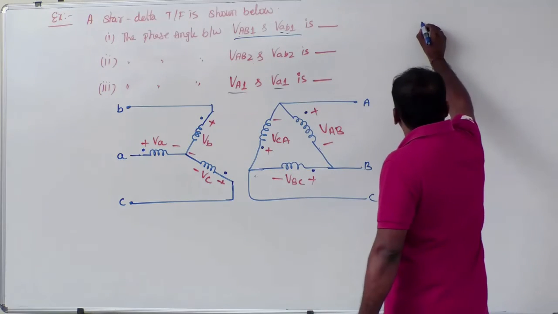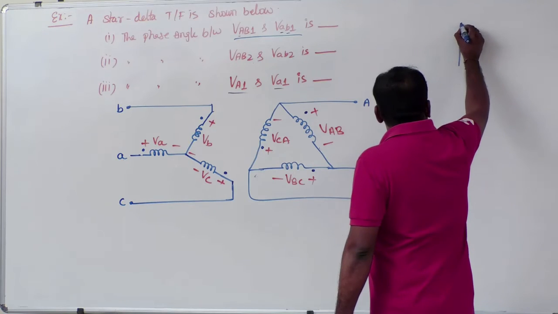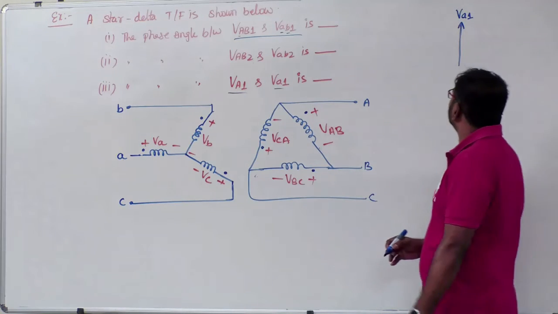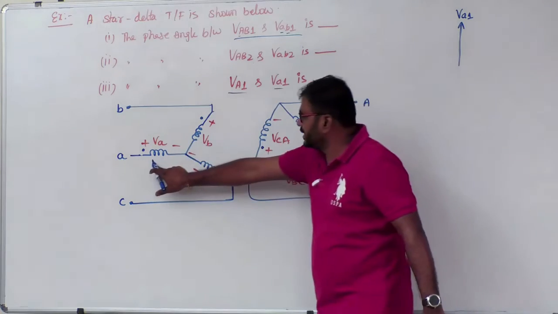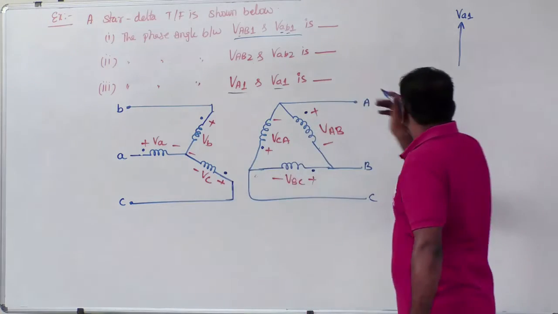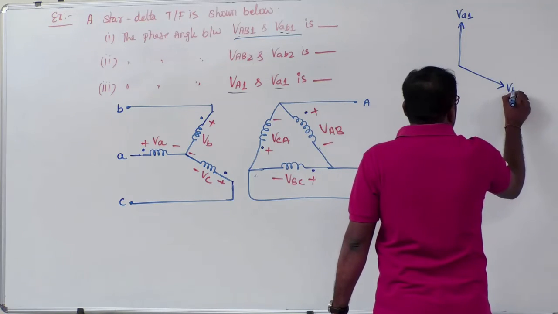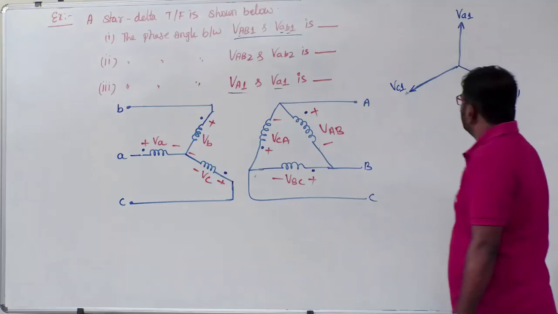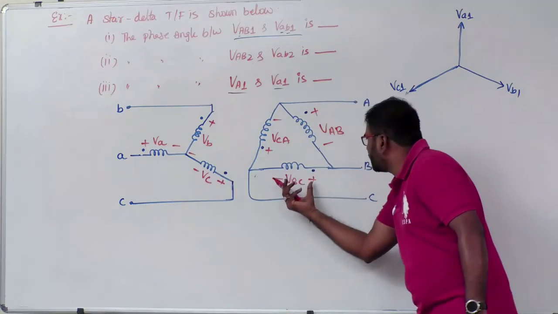Positive sequence means this is VA1, the positive sequence component of phase A voltage. Now positive sequence means who will come next? B phase. This is VB1 and then VC1. Clear? Now check VA and VBC in phase.